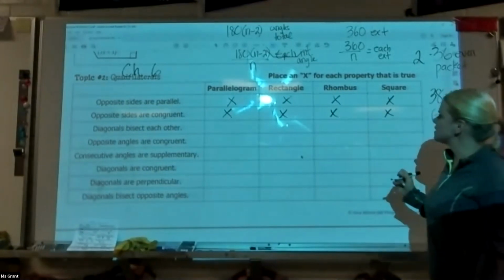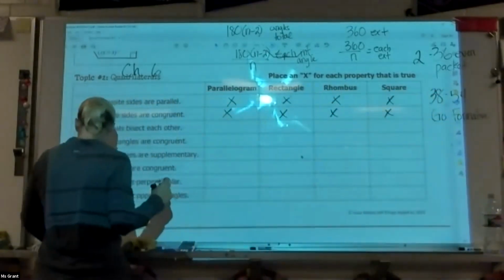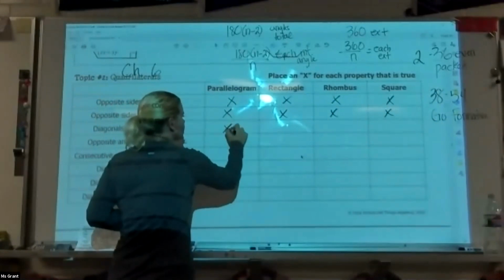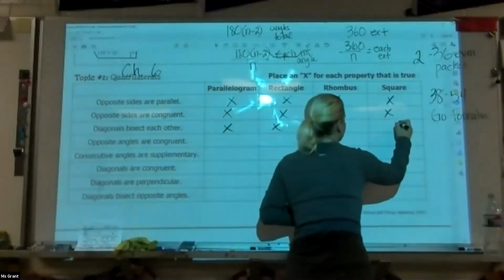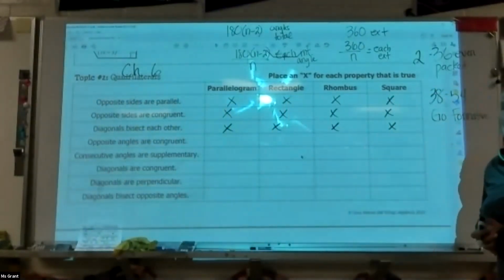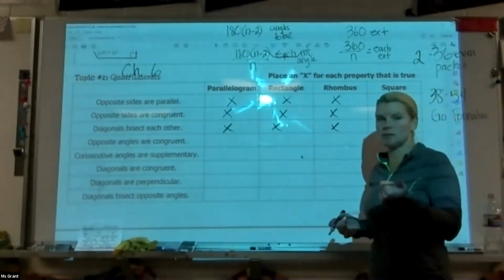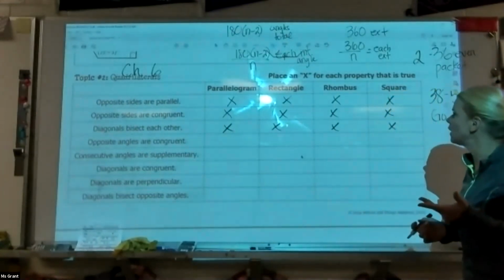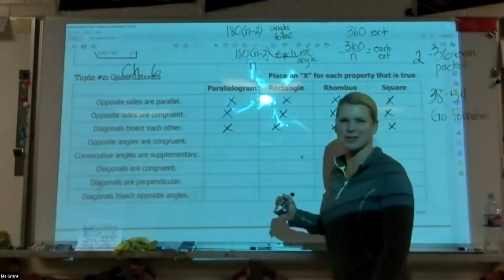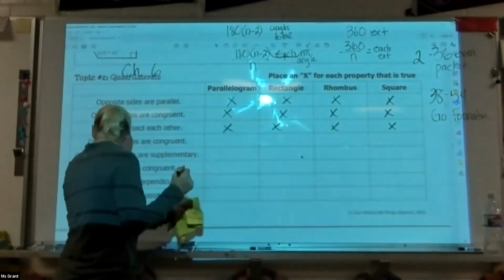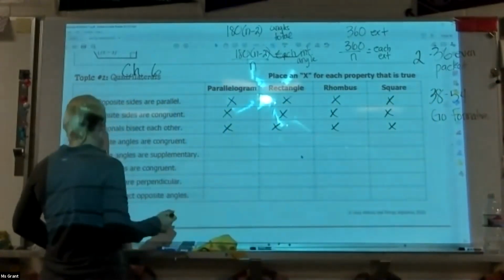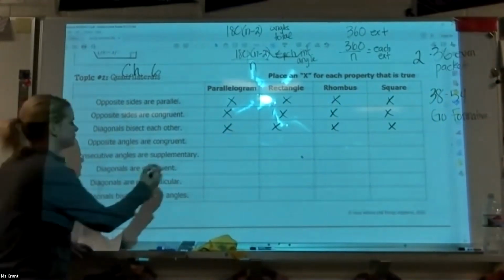Diagonals bisect each other. Pretty good. We're still doing all of them. Yep. Opposite angles are congruent. There's a lot of 90 degrees in the rectangle and square, and the rhombus, the opposite angles are congruent. All the way until consecutive angles, it's everything.